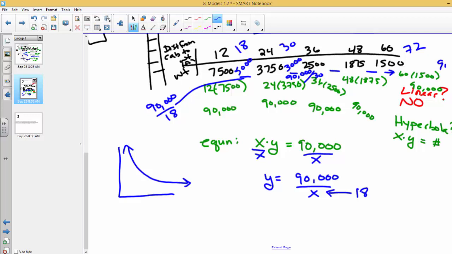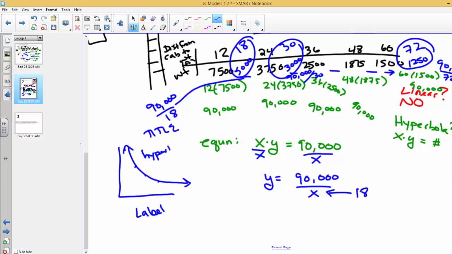And then 90,000 divided by 72 would be 1,250. So if you had your graph perfectly graphed with labels and titles, these numbers would already be on that line. Like you wouldn't have to be adding any numbers because they're on this best fit curve, not line. They're on the best fit hyperbolic curve. It's a hyperbola. As x increases, y decreases.